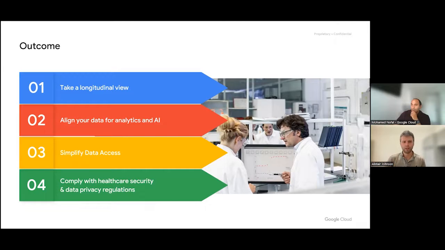Number three is really about simplifying the data access. This is something that we pursued quite heavily: everything should be very clear to the individual, what is going on, how would I get access, and what are the steps to do this.